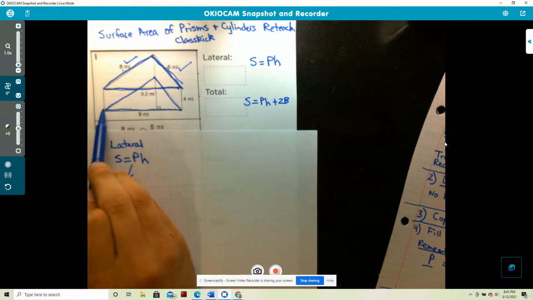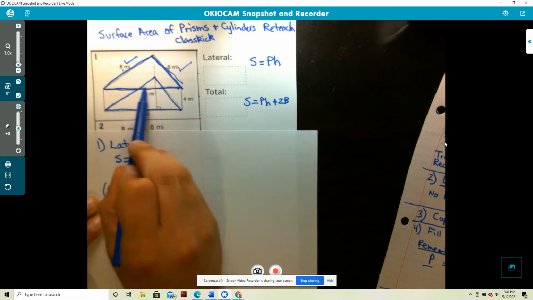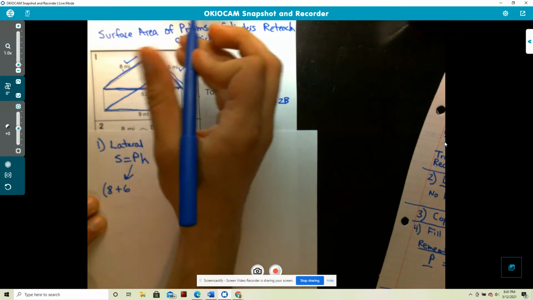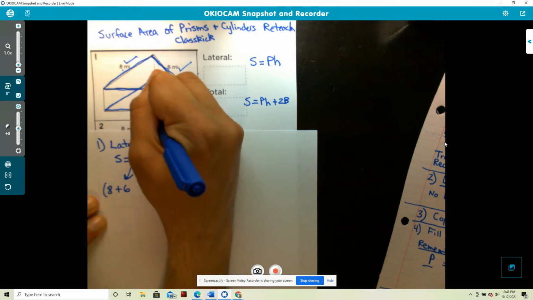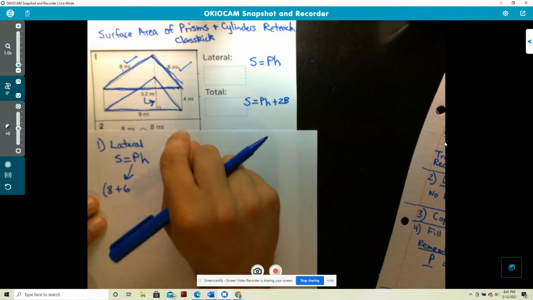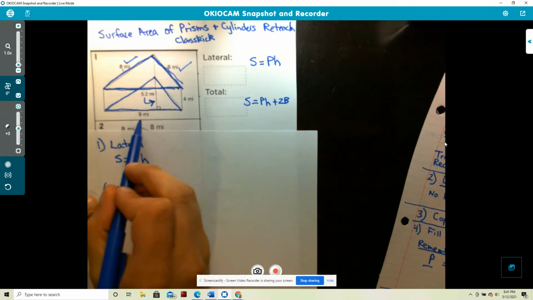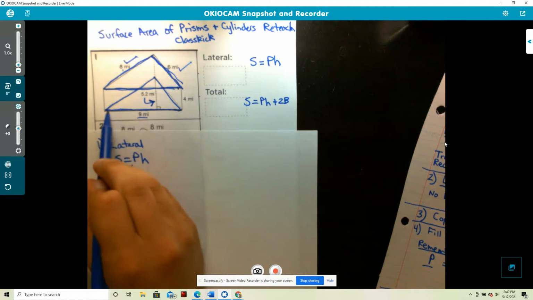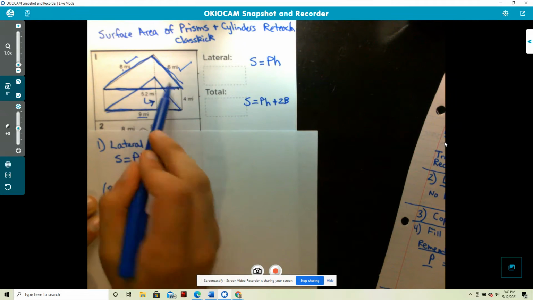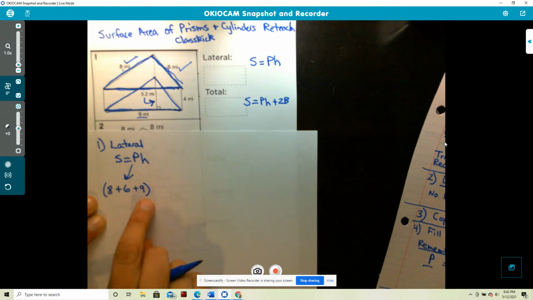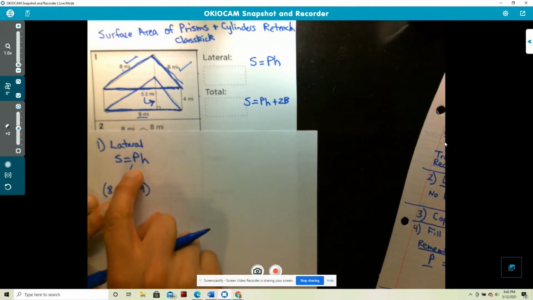And this one right here, don't confuse it for 5.2. This 5.2 is the height of the 2D shape. But this length right here is 9. If this length right here is 9, that means this length right here has to be 9 as well. So we're going to add 9. So 8 plus 6 plus 9, we fill in all of that for P.